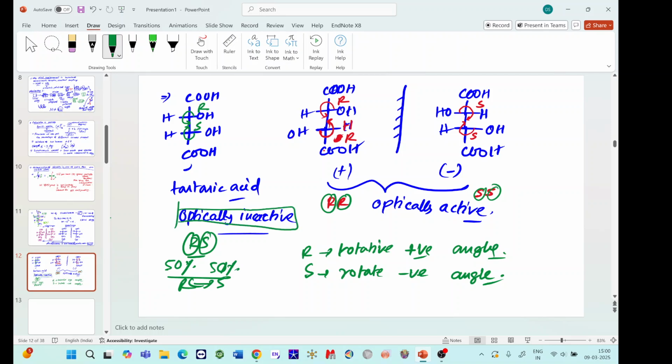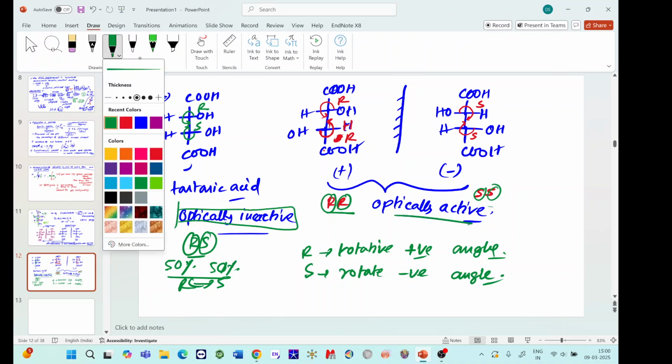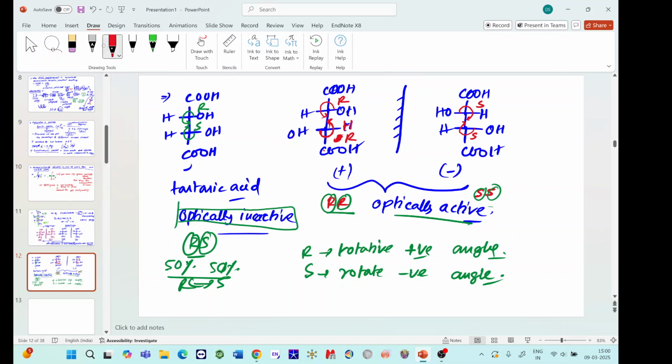Here there is no compensation. Both are R and both are S. That is why they are optically active. One more way to look at it is to imagine a mirror plane through the structure. As I told you, if a molecule has a mirror plane, then it will be optically inactive and achiral.